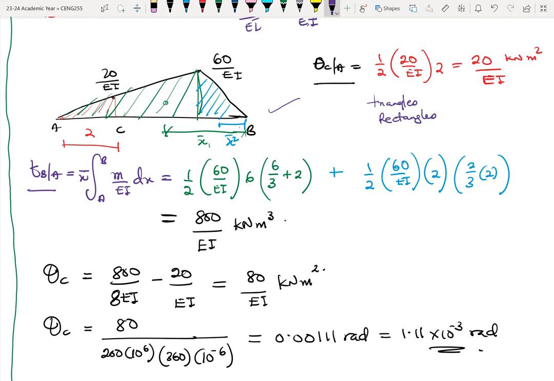This has a linear variation. Not all the moments have linear variations. As you can see, if there's a UDL on it, the moment will have a parabolic shape. And if it's a VDL, it will have a cubic shape. And with that one, we'll look at how to solve some of these. But for now, linear variation, easy peasy.